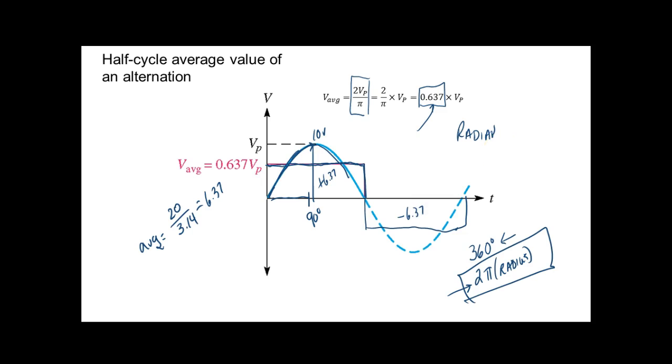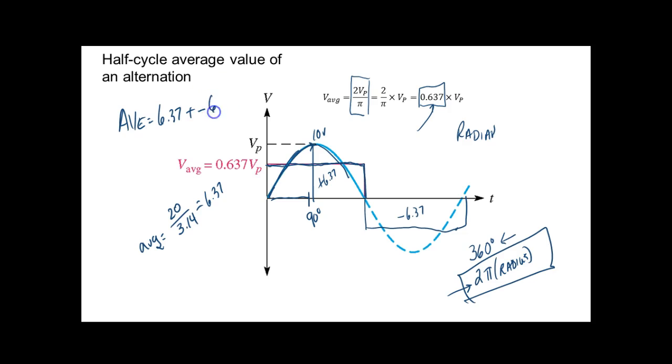What would be the average of that? So how do we do averages? Well, an average, I take my quantities. So here I would say 6.37, right? You understand?